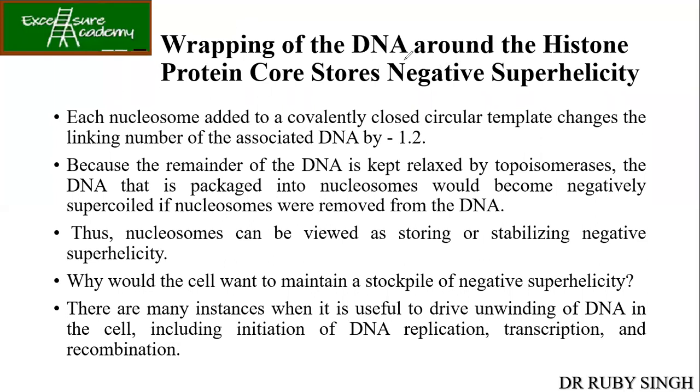Okay, so the wrapping of the DNA around the histone protein stores the negative superhelicity. So we know that DNA is covalently closed circular DNA, right? So it is going to be helical, supercoiled. So each nucleosome added to a covalently closed circular template changes the linking number of the DNA by -1.2. Okay?